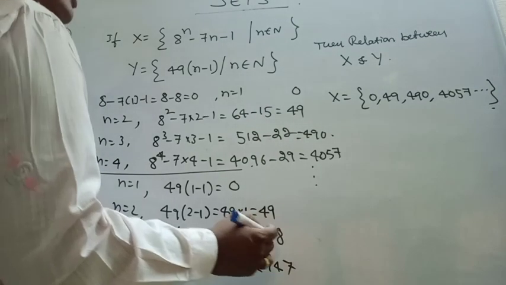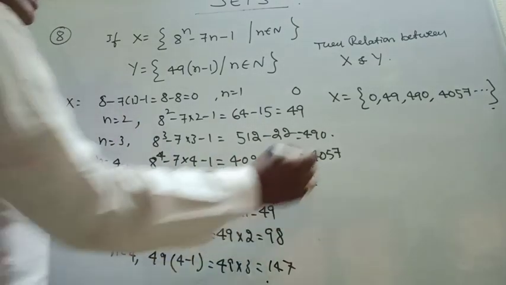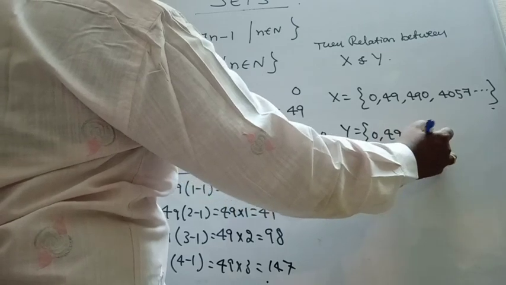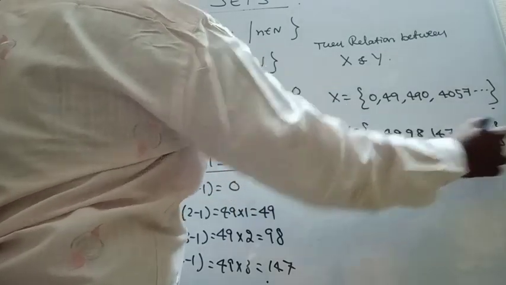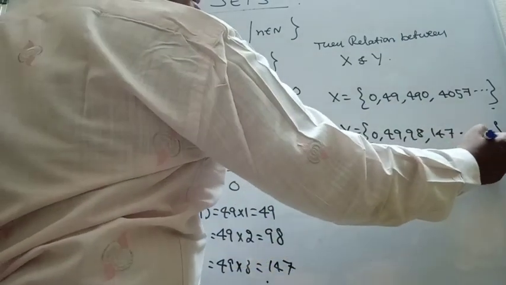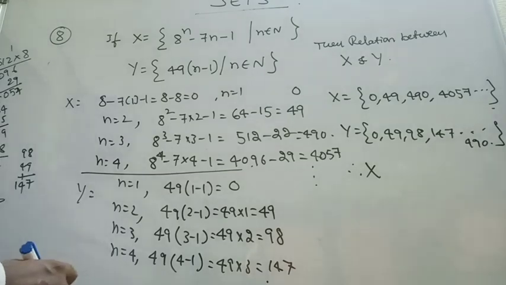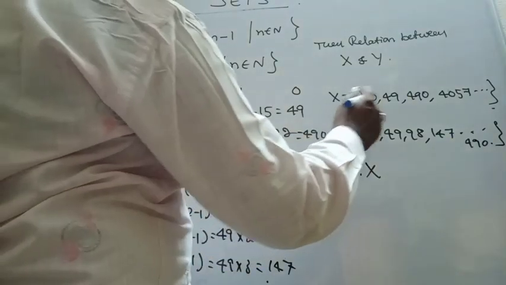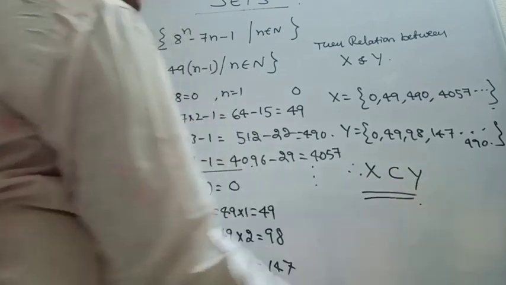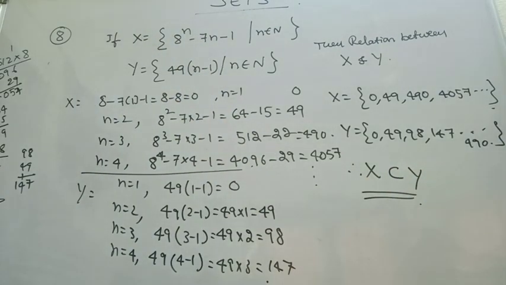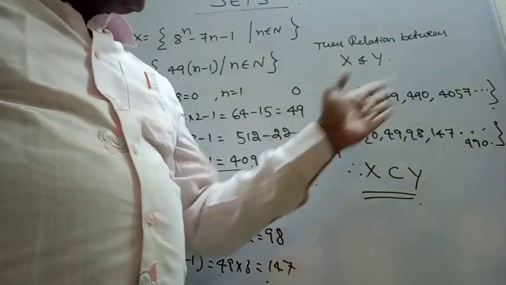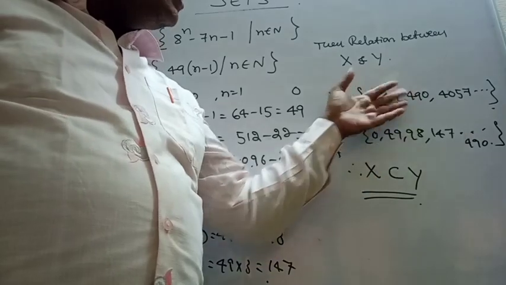That means y has the elements 0, 49, 98, 147, and so on. 490 will also be present here. That means all elements of x are present in y, so x is a subset of y is the correct relation, because all the elements of x will be part of y. As you continue up to infinity, all these elements will be present in it.